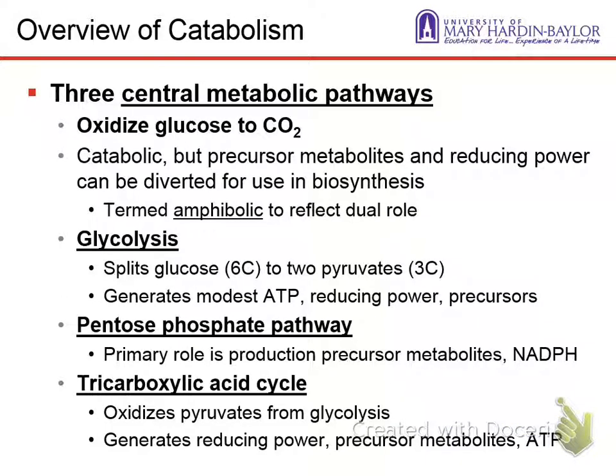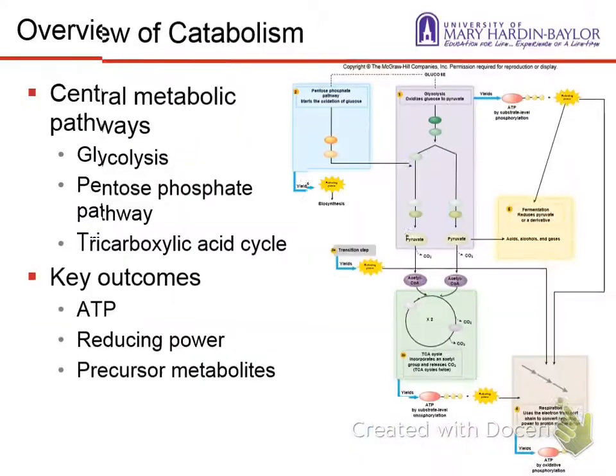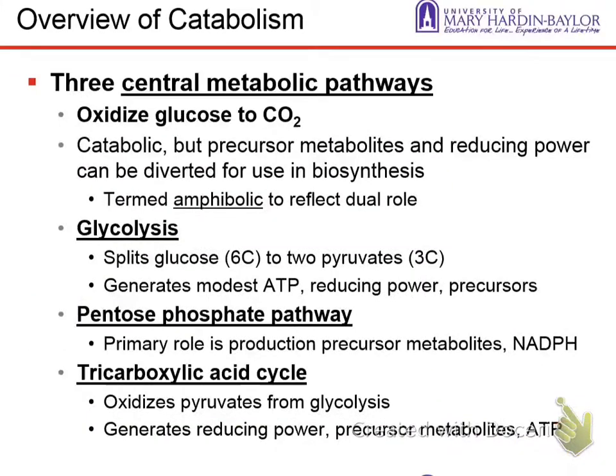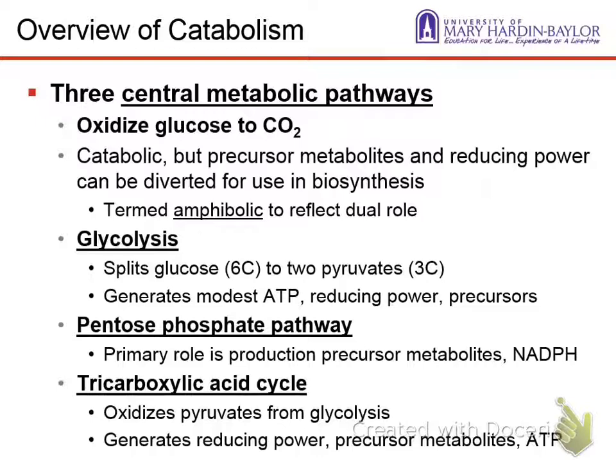You remember from anatomy and physiology, and we've talked about this a little bit already, that the glycolysis pathway, or glycolytic pathway, is one of the 3 central metabolic pathways. Glycolysis takes glucose, which is a C6 molecule, 6 carbons, and it breaks it into 2 pyruvates.